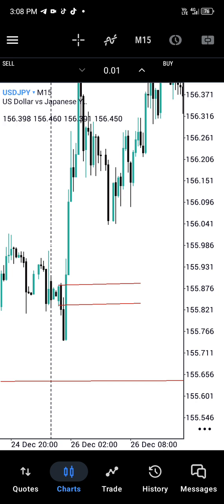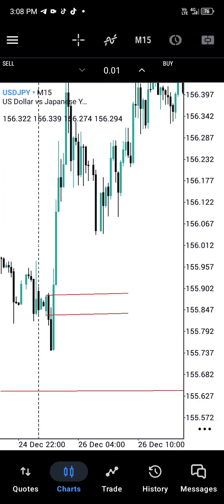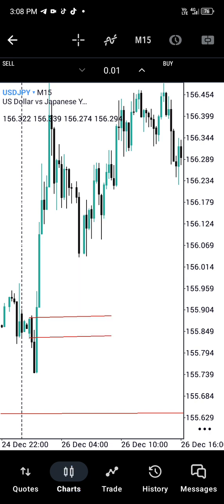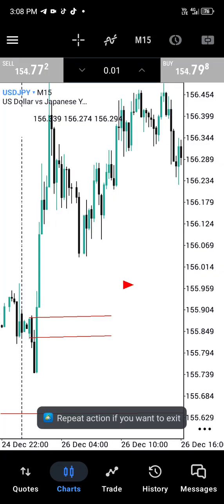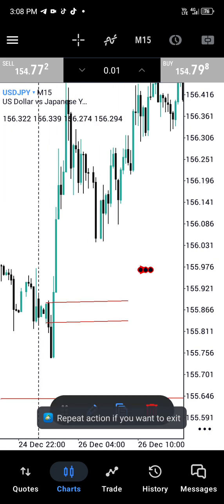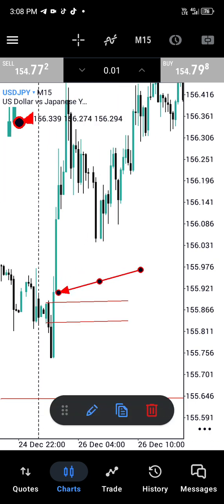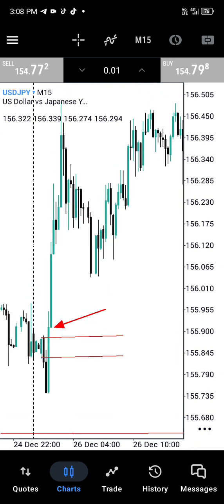It was supposed to be a bearish retro block. Instead, price closed above it, making it an inversion retro block, and that's when I should have jumped in from this point, from that point.